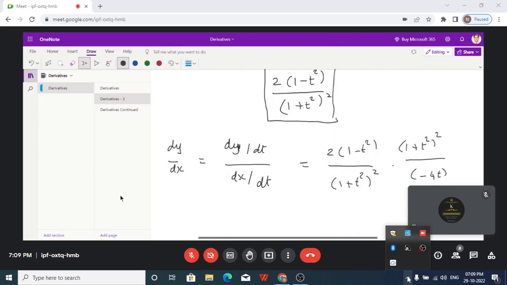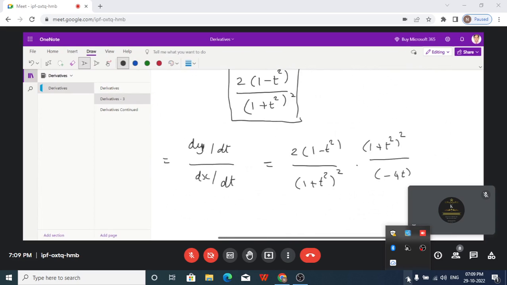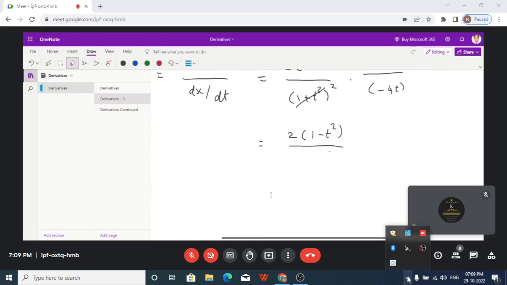இப்படி போட்டோம். இப்போ பார்த்தீங்கன்னா இது அப்படியே கேன்சல் ஆகிடும். So 1 plus t square whole square, 1 plus t square whole square, get cancelled. So what you get is 4 into 1 minus t square, minus 4t. So 4 and 2 cancel ஆகுங்களா சார்? கேன்சல் ஆகும், கண்டிப்பாக கேன்சல் ஆகும்.